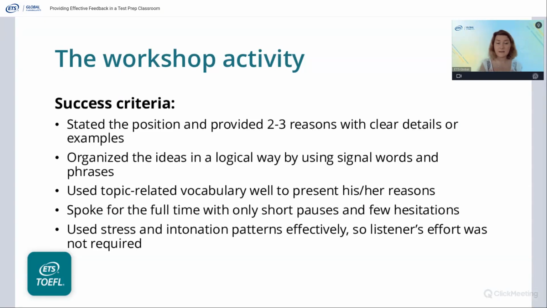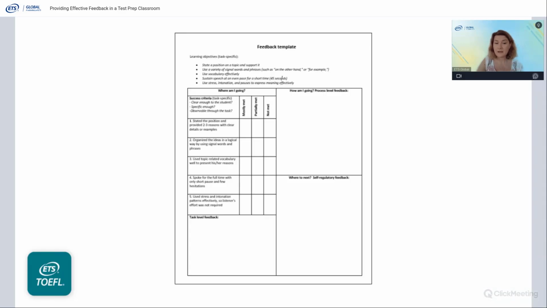So here they are: stated the position and provided 2 or 3 reasons with clear details or examples, organized the ideas in a logical way by using signal words and phrases, used topic-related vocabulary well to present his or her reasons, spoke for the full time with only short pauses and few hesitations, and used stress and intonation patterns effectively, so listeners' effort was not required. So I encourage you to maybe think now which of the success criteria you will be focusing on, and in a moment we will see the specific task.